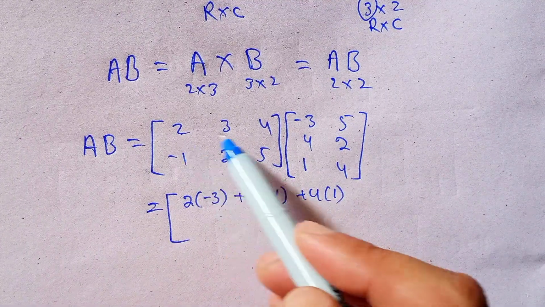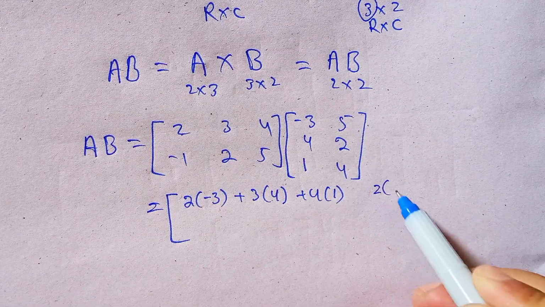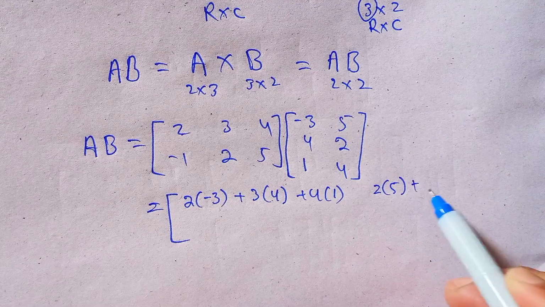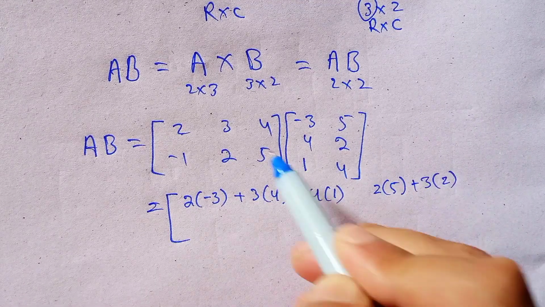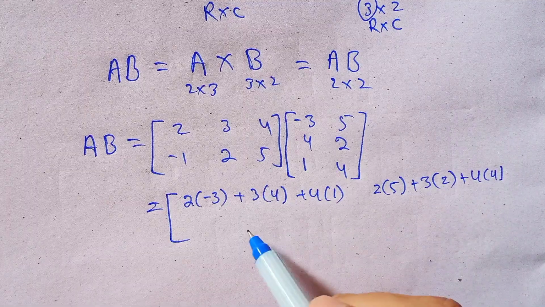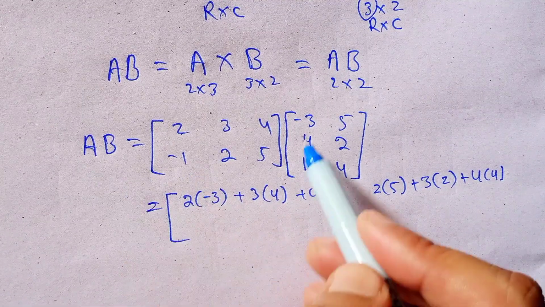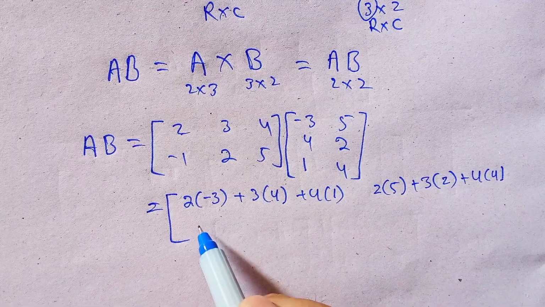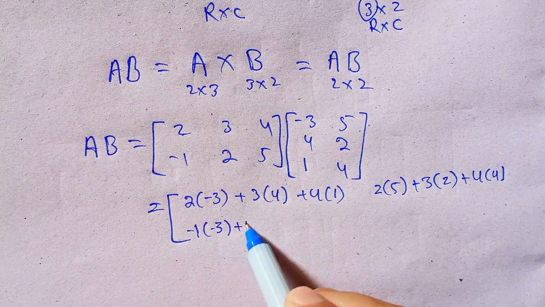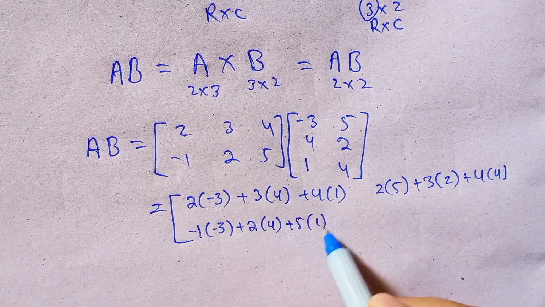Now we are going to multiply the first row with the second column. So 2 times 5, plus 3 times 2, plus 4 times 4. Now we are going to multiply the second row of matrix A with the first column of matrix B. So -1 times -3, plus 2 times 4, plus 5 times 1.